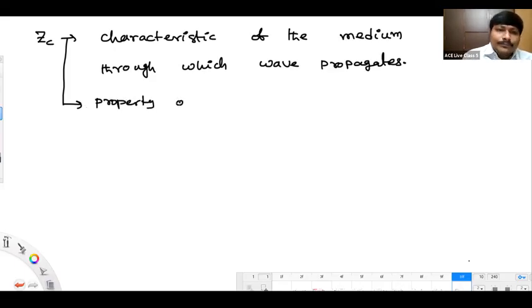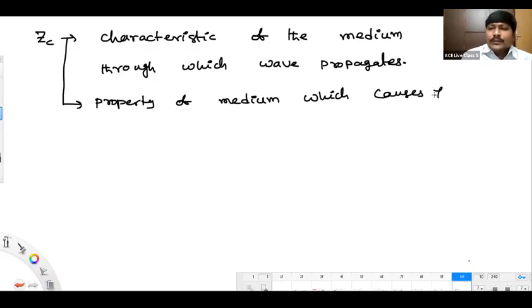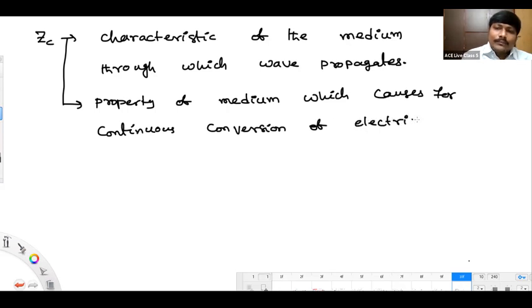Property of the medium which causes continuous conversion of electric energy to magnetic energy, vice versa.